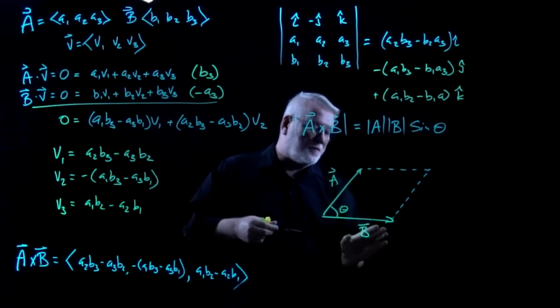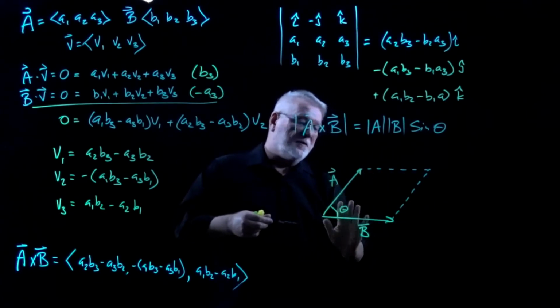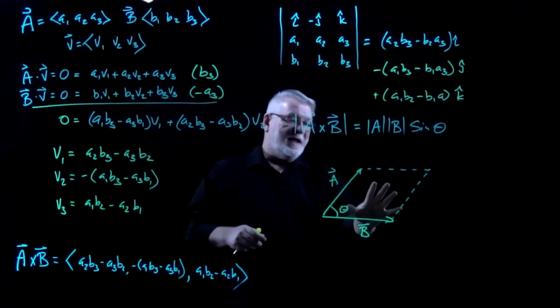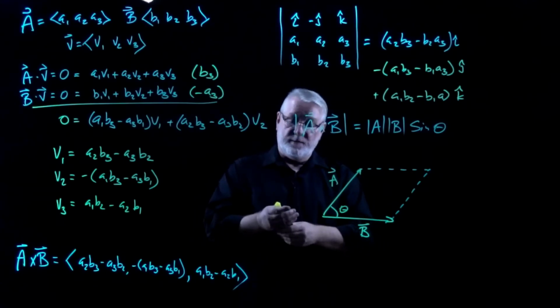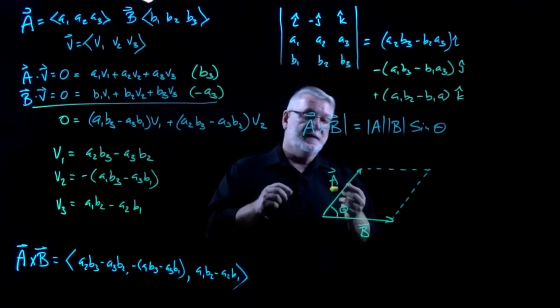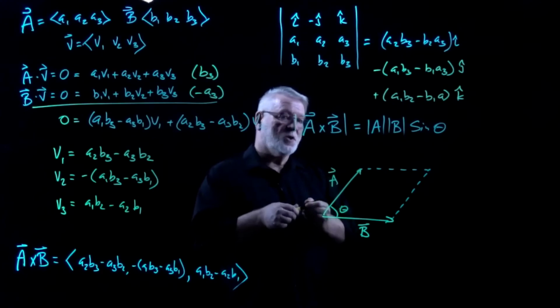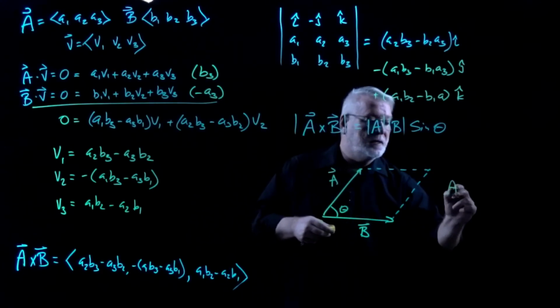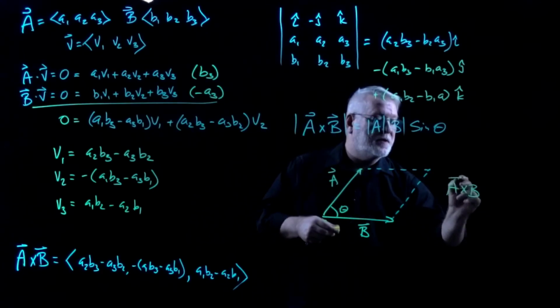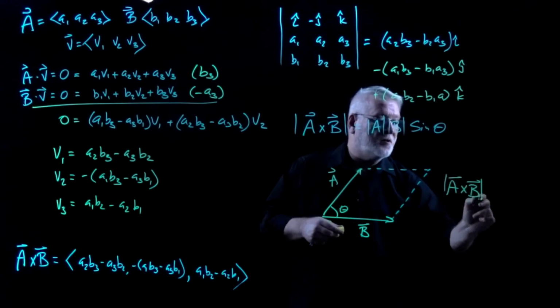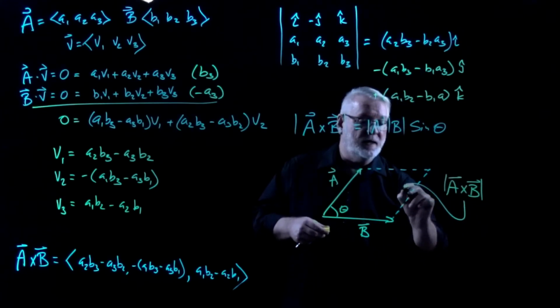So A moved over here and B moved up here will form a parallelogram. Well, the area of that parallelogram is actually the size of the cross product. So that A cross B, the magnitude of that cross product, will be the area.